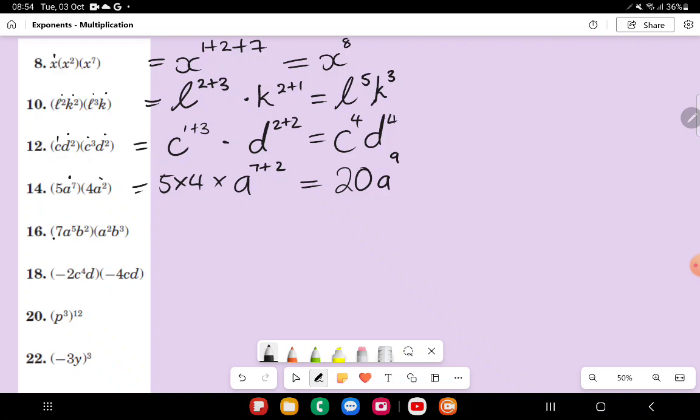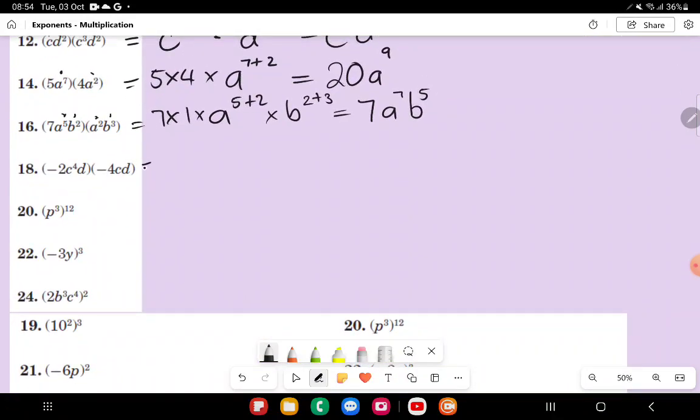Question 16, I have 7 times 1, A, 5 plus 2, times B, 2 plus 3. That gives me 7 A^7 B^5.